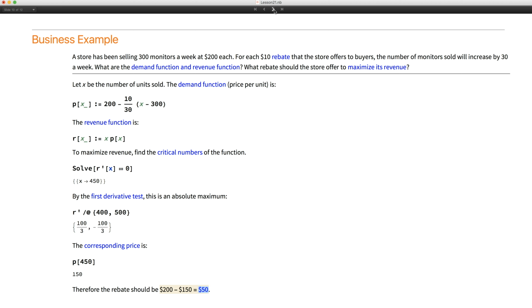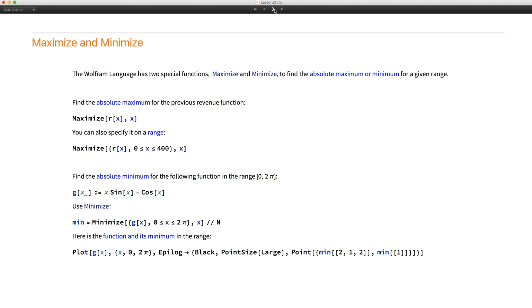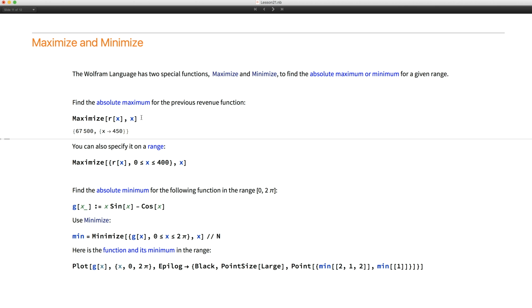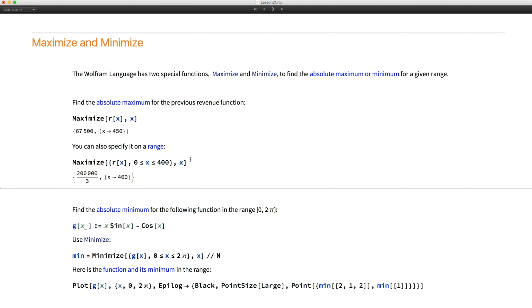Okay, now that's all done manually, but in the Wolfram language, we have two functions, Maximize and Minimize, which can actually find these absolute maxima and minima for a given range without any effort on our part. So for example, in the earlier case, I could use Maximize to get back just the same answer for the revenue. And you can also specify a range, and then you get back the answer for that range.